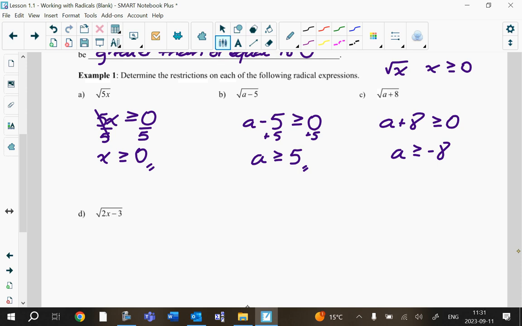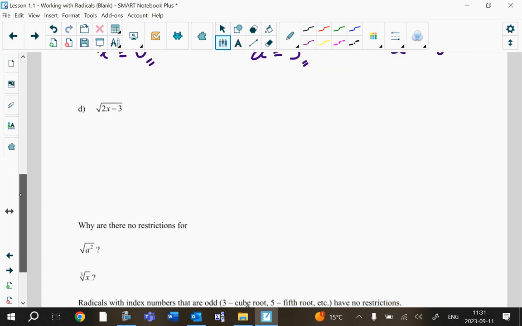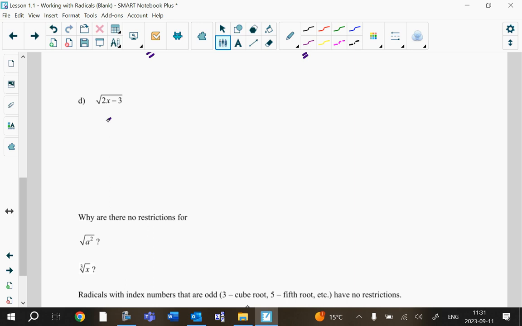And the last one you solve the same way. Whatever expression is under the radical sign, make it greater than or equal to 0 and solve it like you would an equation. So you're going to have to do a couple of steps here. First, we're going to add 3 to both sides and get 2x is greater than or equal to 3.